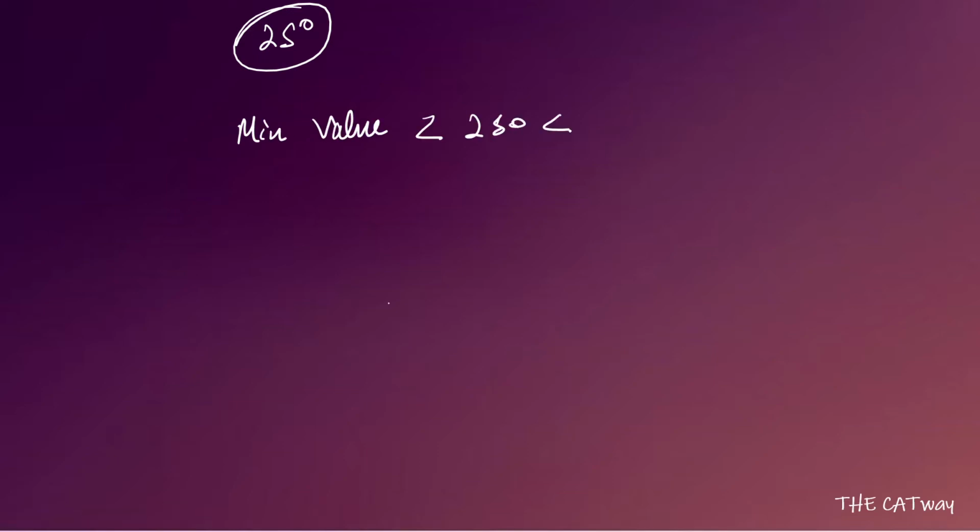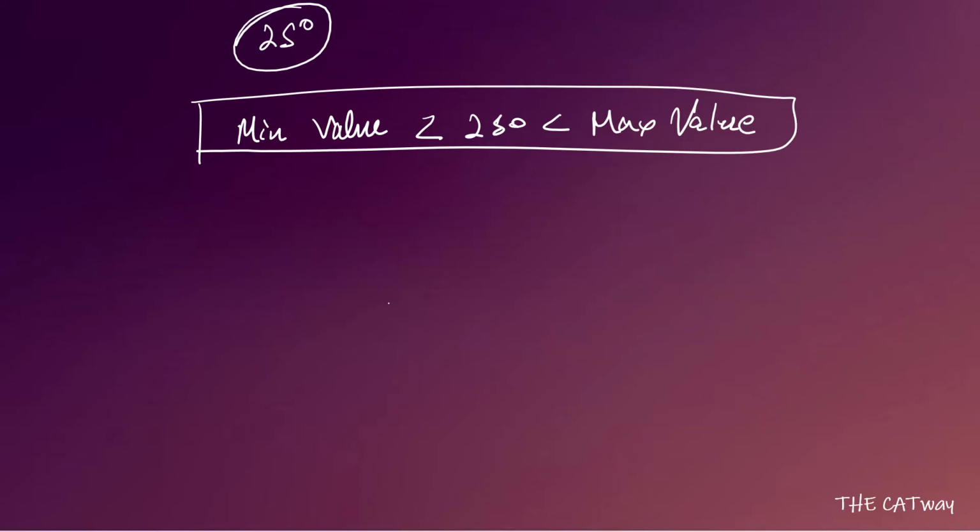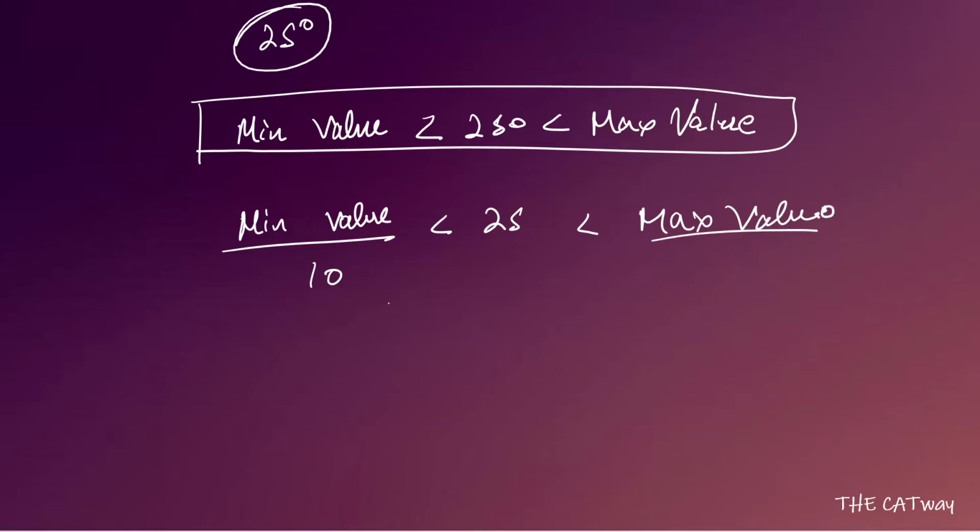For a 25 degree average, we have to calculate the total sum of all the observations, that is, the total sum of the temperatures over the 10 days in each city. 250 has to be between the minimum and the maximum value of the sum. That is, the minimum value divided by 10 has to be less than 25, and the maximum value divided by 10 has to be greater than 25.